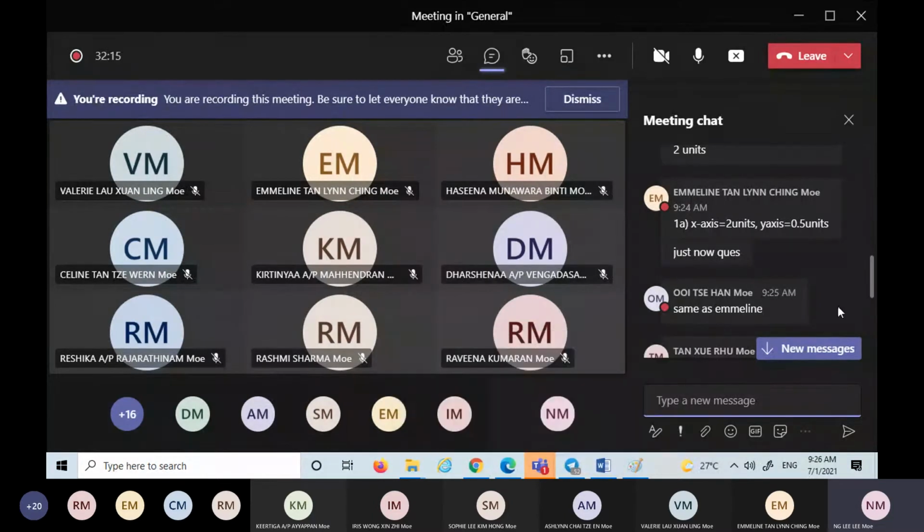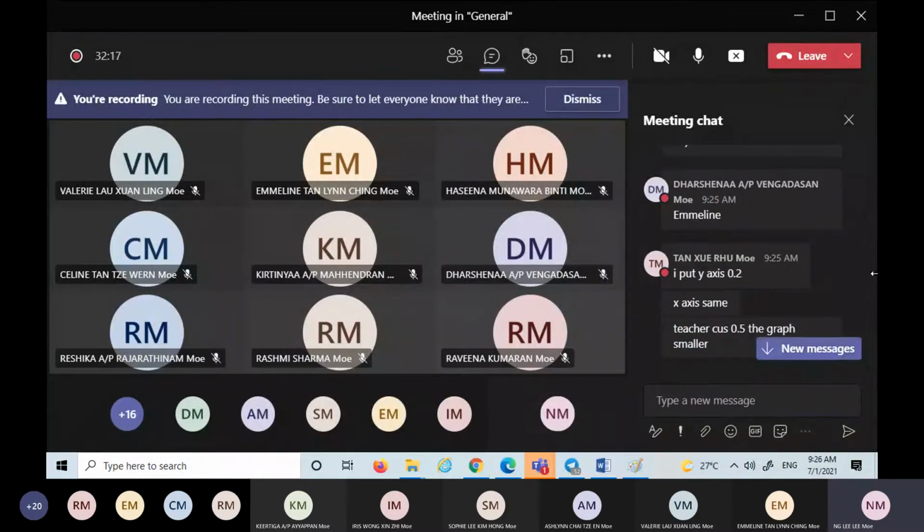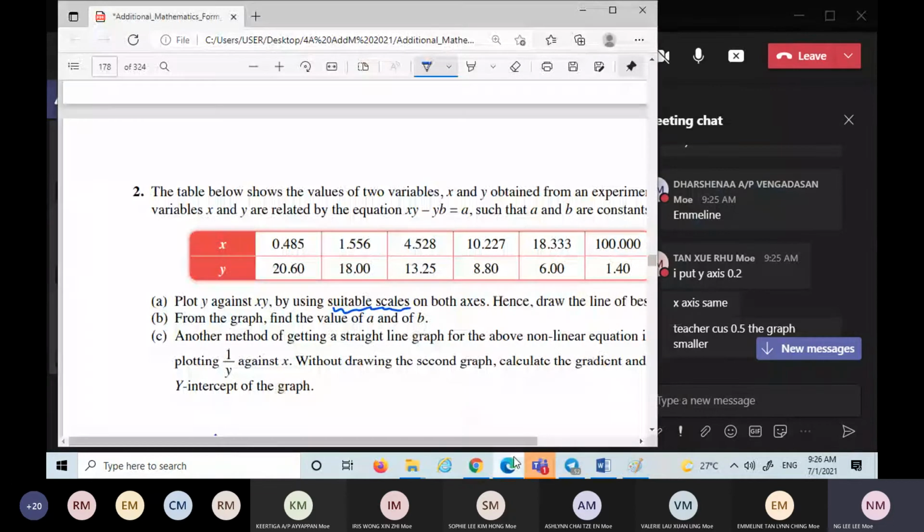Okay, so. Yeah, 0.5, the graph smaller. I don't know how small it is lah. Okay, we will see afterwards. Okay, so how can I write again?